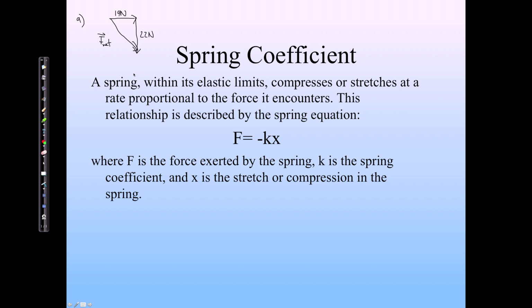You'll recall from math that when we add vectors, we add them tip to tail, and in this case, these are at 90 degrees. So we can use the Pythagorean theorem to figure out the magnitude of this F net.